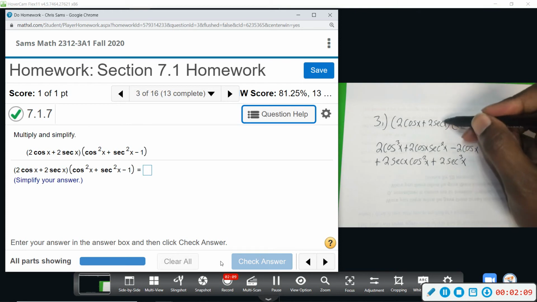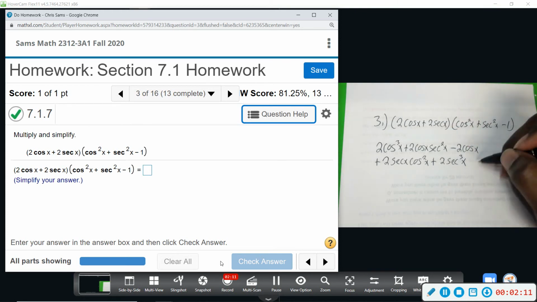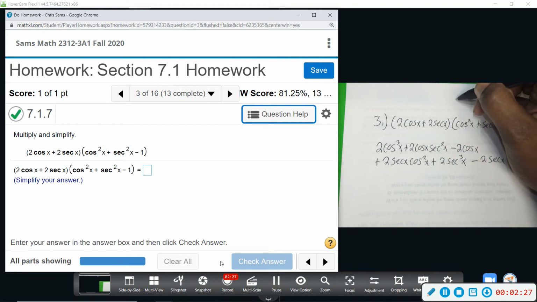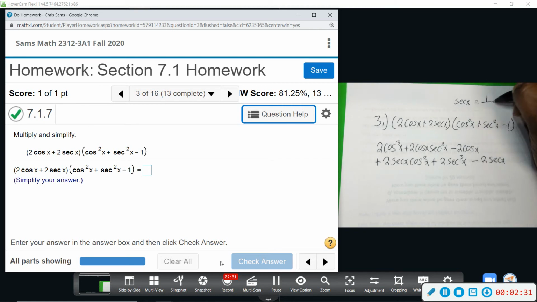And then 2 secant x times -1 will give us a minus 2 secant x. All right, now we want to note that secant is the reciprocal of cosine. Secant x is equal to 1 divided by cosine. So I'm going to rewrite each of the secants in terms of cosine and then simplify a little bit more.